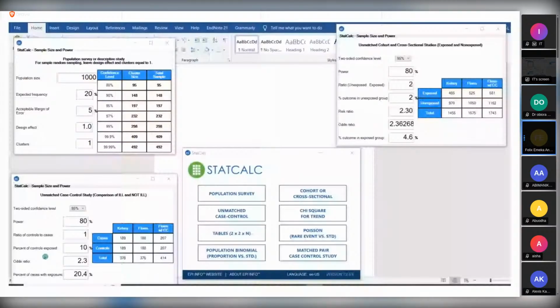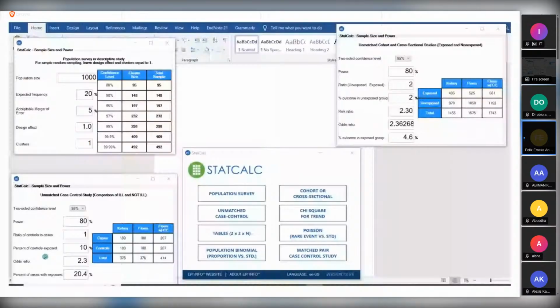It's just that a lot of people are so crazy about SPSS and other statistical software. But this one works, and I use it a lot. And this is actually the software that is designed for public health students, epidemiology students, not SPSS. SPSS is actually social science software, you know. So if you install EpiInfo, there's a place in EpiInfo they call StatCalc.